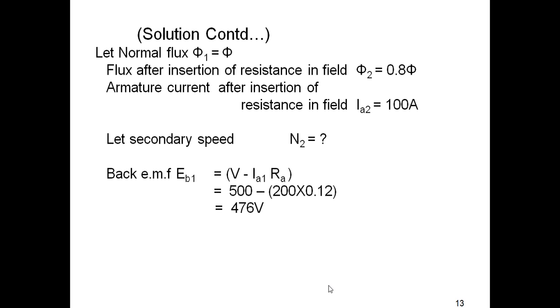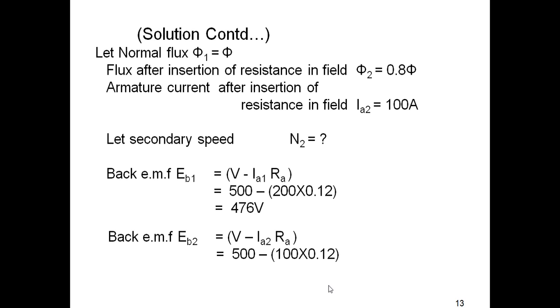We get 476 volts. And to find EB2, we substitute the values of V, IA2 and RA.